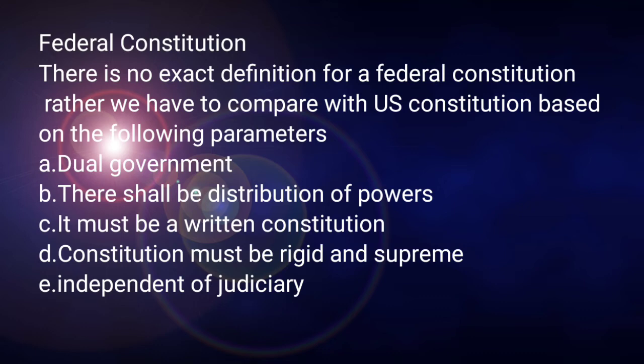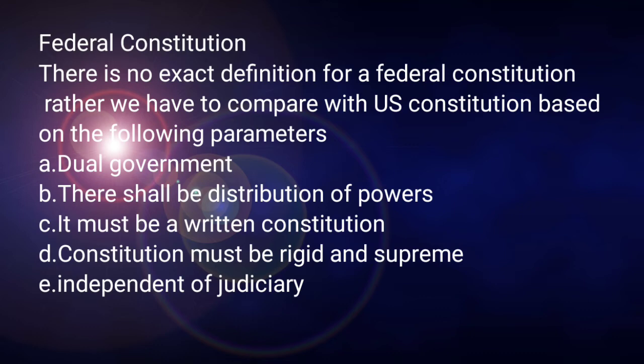And the second parameter which we have to match is the distribution of powers, because in a federal government there must be distribution of powers between the center and state. Just now we had discussed Schedule 7. So the Indian Constitution also distributed the powers between the center and the states, and even the US constitution distributed the powers between the center and states.